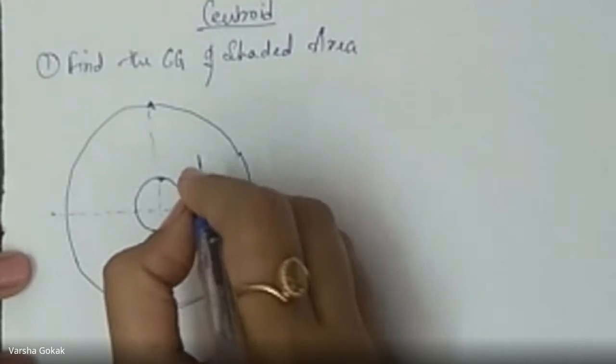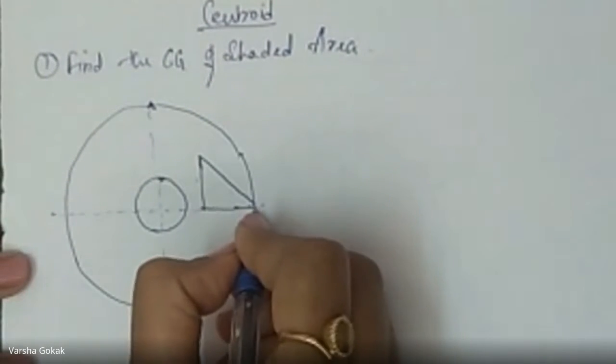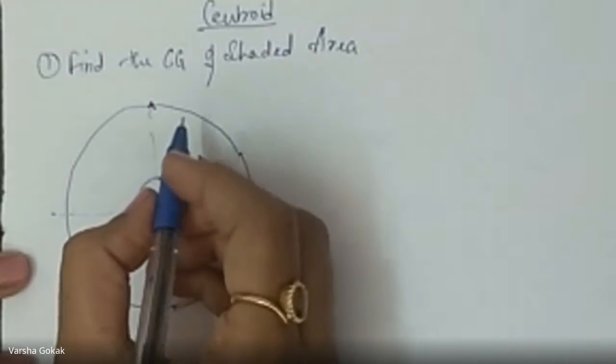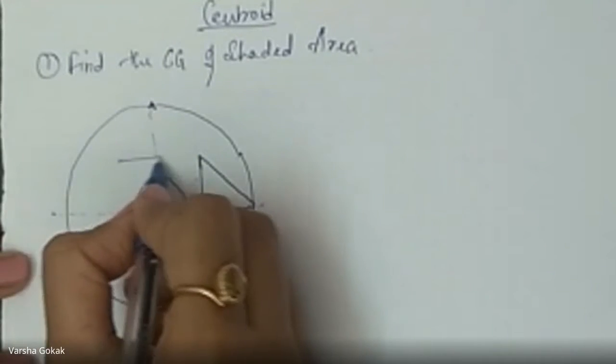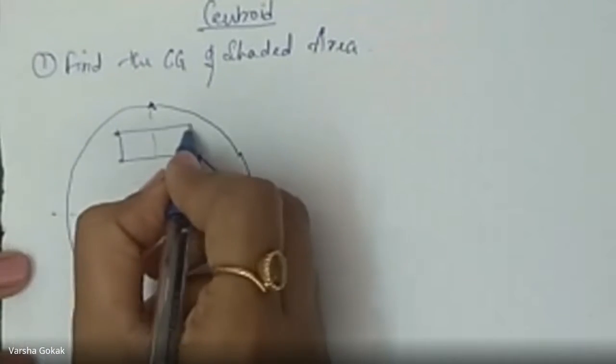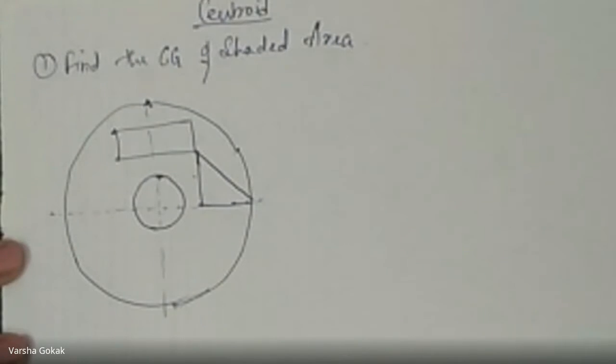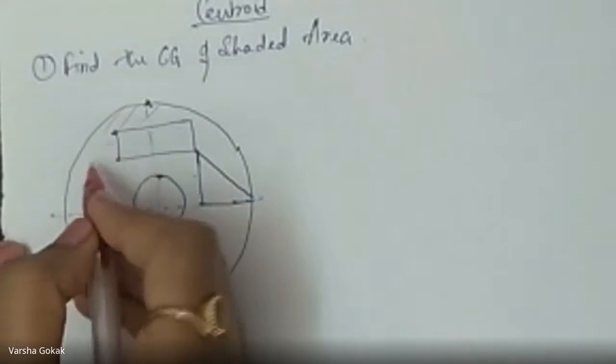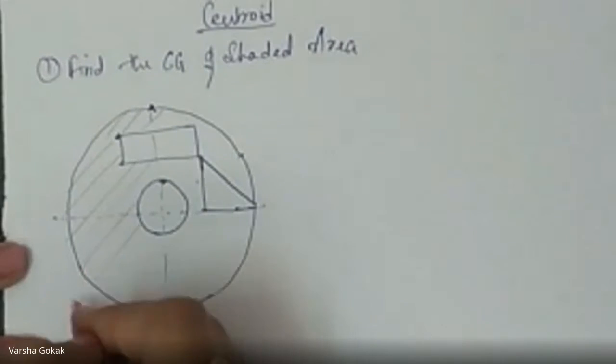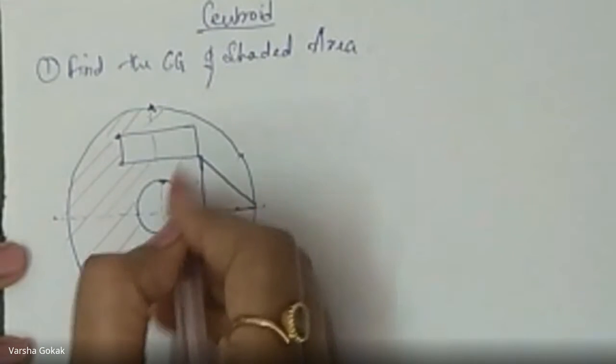There is a triangle here, and then from the triangle, this point, there is a rectangle, okay, and then this area is shaded. Like this.